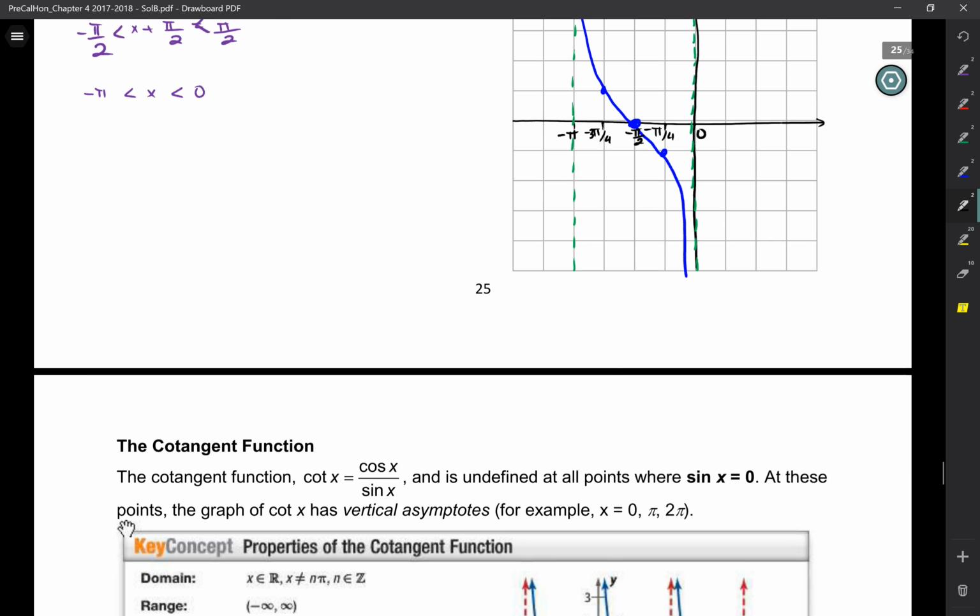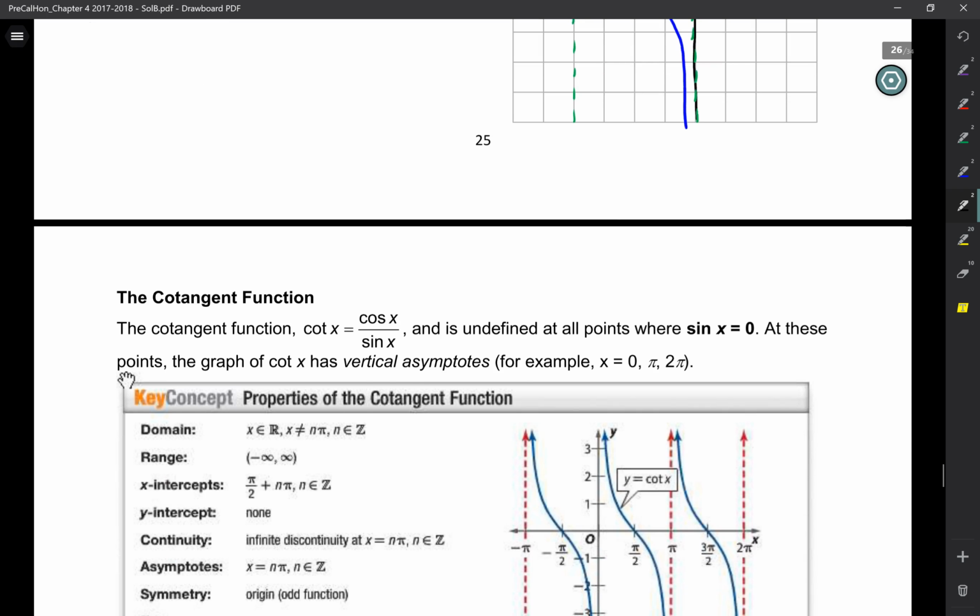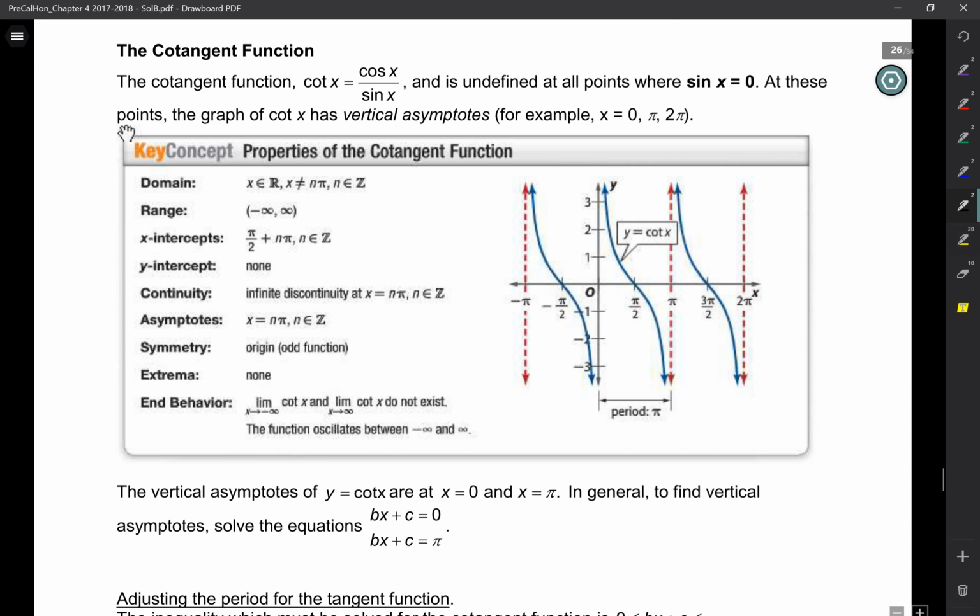Now, let's do cotangent. Cotangent is cosine over sine. So it's undefined whenever sine of x is 0. And remember, sine of x is 0 when x is 0, pi, 2 pi, and also negative pi, negative 2 pi, and so on.